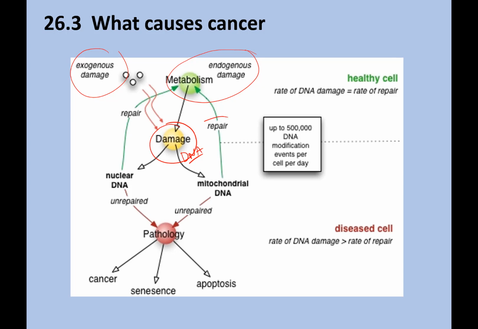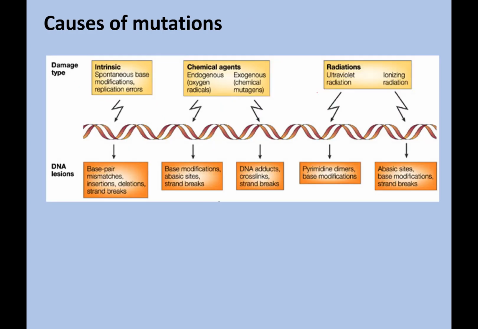And not to fear, we have means of repairing DNA damage, and you should learn about this in genetics. I think this is an amazing number: 500,000 DNA modification events per cell per day. Right? So this is just another kind of summary of what causes mutations. So again, spontaneous is an important word when we talk about the Ames test in just a minute.